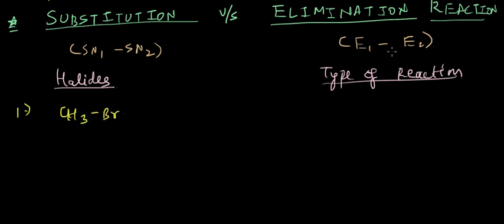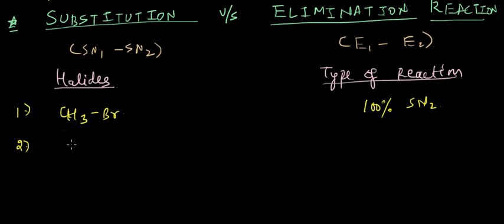Obviously E1 and E2 are out of the question because we have no alpha hydrogen for this particular carbon atom, hence E1 and E2 are out of the question. Also, if we get a carbocation at this position, which is only a single carbon atom, it would be highly unstable. So the type of reaction that it can undergo is 100% SN2 reaction, in which a nucleophile will come and attack the Br and join this carbon atom from the back side.